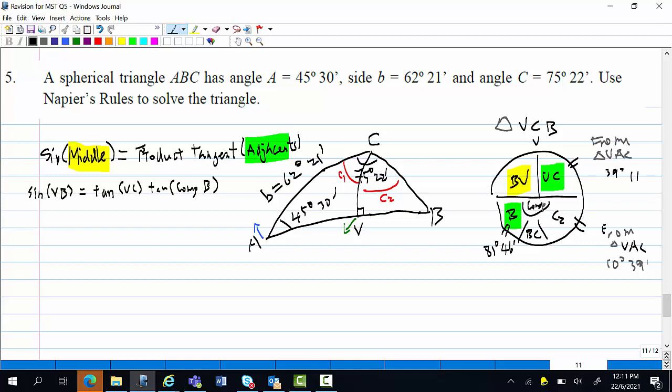So tangent of VC and tangent co-B is the same as 1 over tangent of B. So fill in the value, and VC is 39 degrees 11 minutes, and B is 81 degrees 46 minutes here, and this will give you 0.1794.